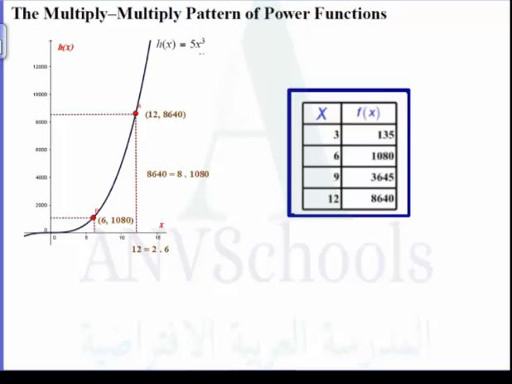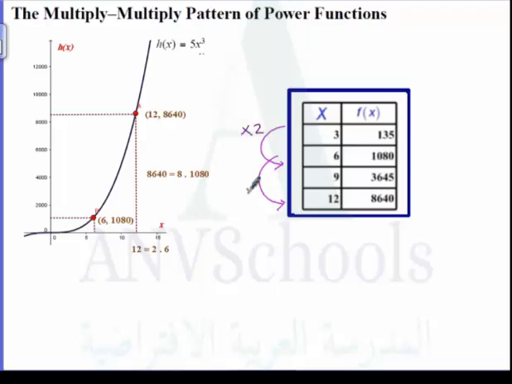So let us investigate first what's happening to the values of x. From 3, it jumped to 6. And from 6, it jumped to 12. And that's absolutely a multiplication factor of 2. Right? So when we multiplied 3 by 2, it became 6.